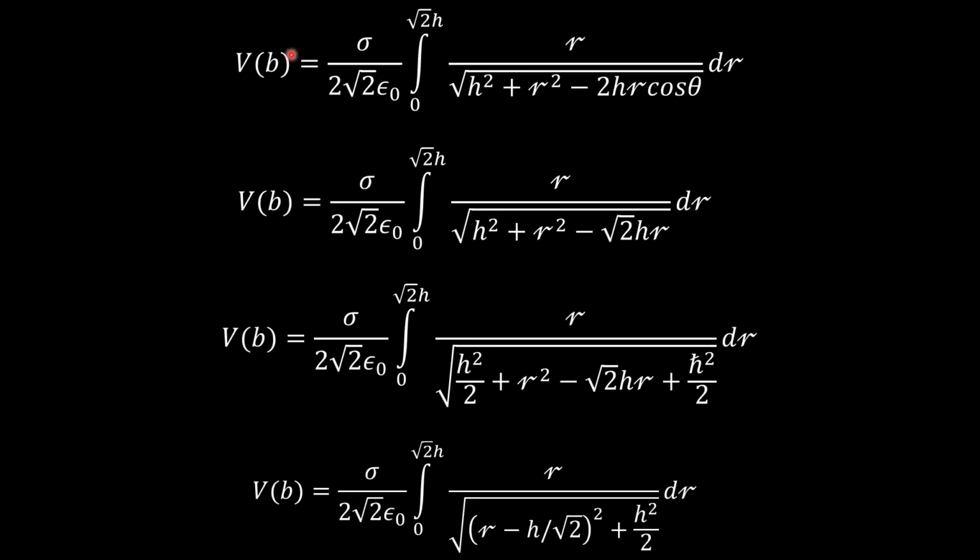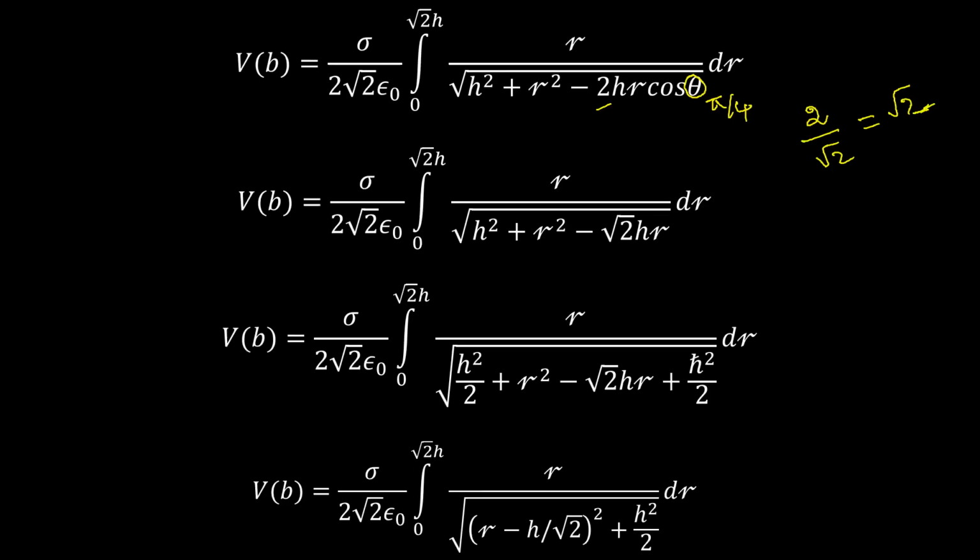So now we got this expression. Here we know this theta value is pi by 4, so cos pi by 4 is 1 over square root 2. Here you have 2, so 2 divided by square root 2 will become square root 2.